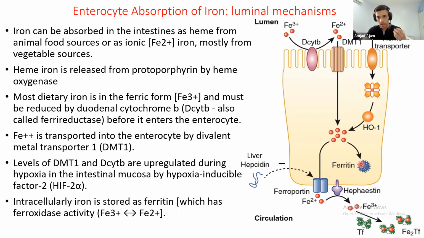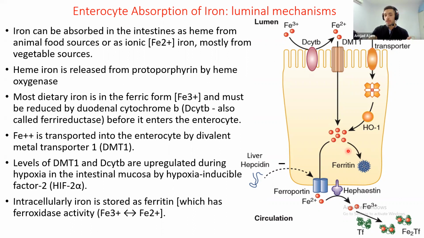Why should we convert Fe2+ to Fe3+? Because ferritin, as we said, can only bind Fe3+. So in order to store it, we need to convert it by the ferroxidase enzyme. Therefore, now we have the iron stored inside the cell in the form of ferritin. When does that happen? When the body does not require iron, we have excess iron, so we store iron in the form of ferritin.